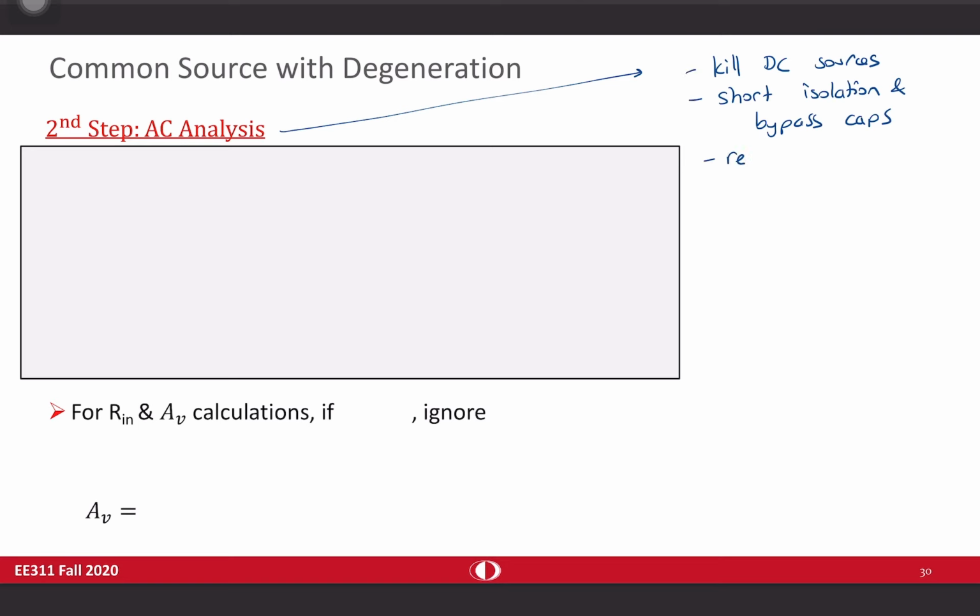And replace the transistor with either hybrid pi or T model. Okay, so let's do it.